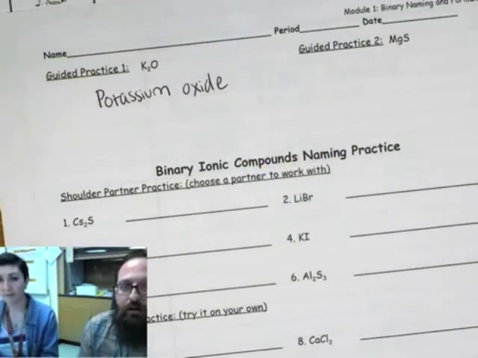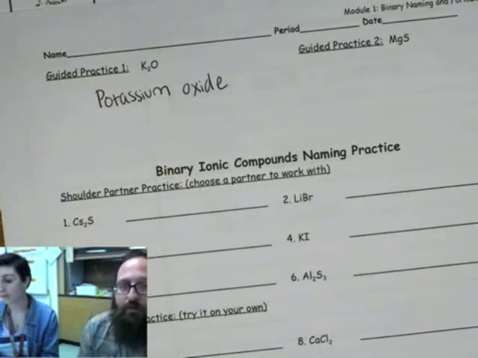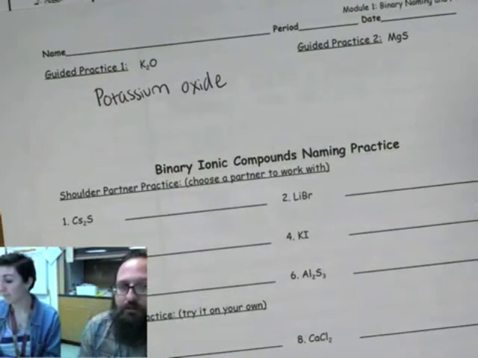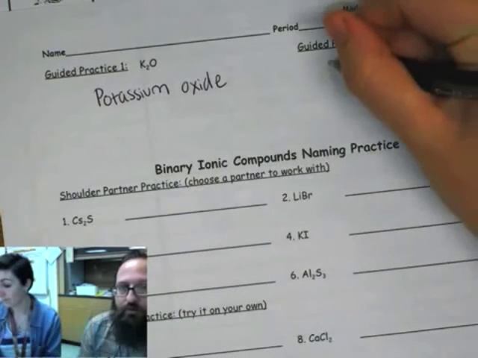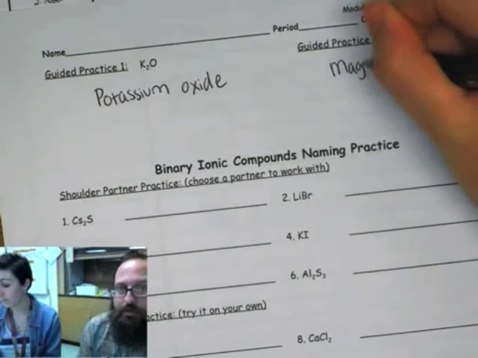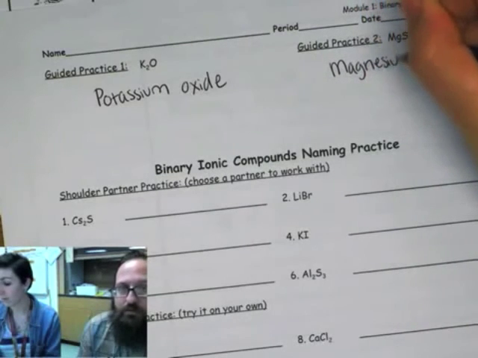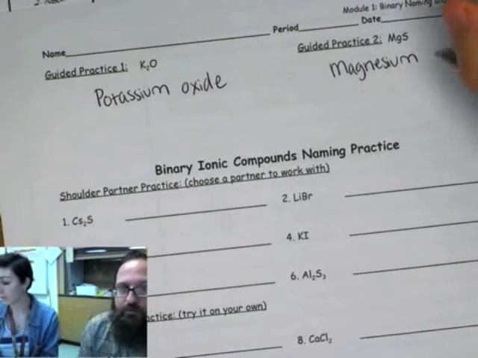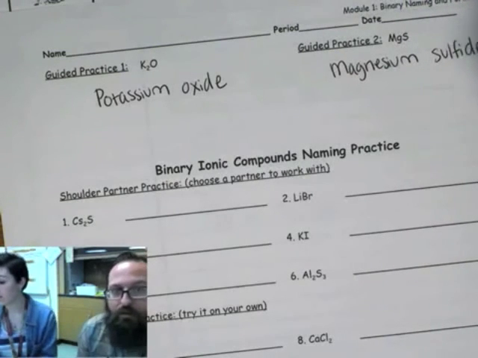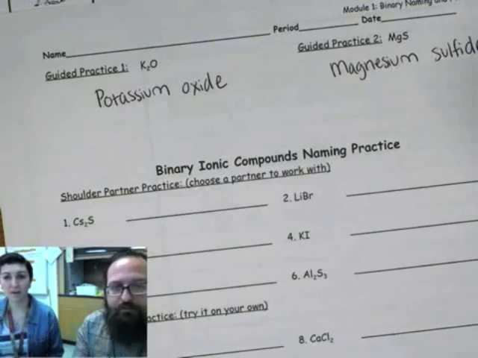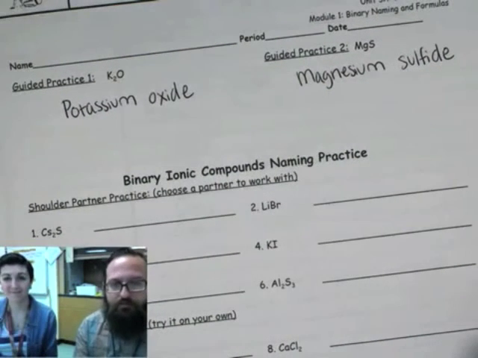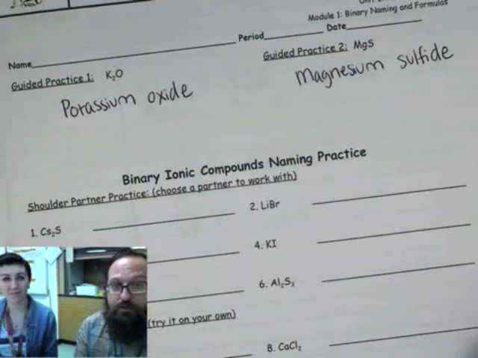Then we've got magnesium and sulfur. Magnesium will stay magnesium, and sulfur will turn to sulfide. And that is it. That's pretty easy. You've got some practice to try on your own now.